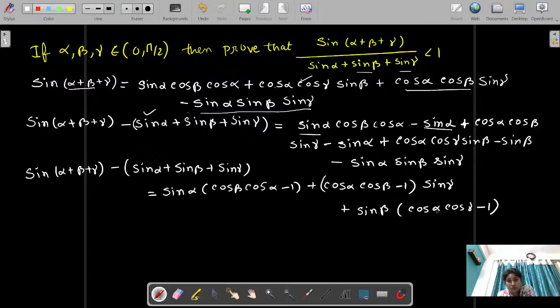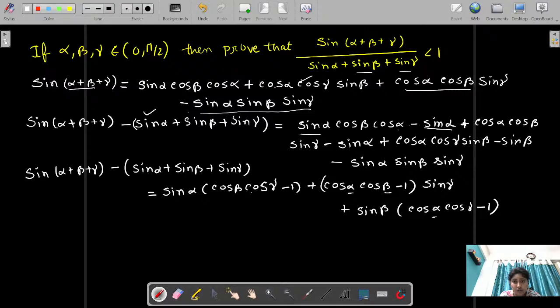So cos alpha cos beta minus 1: this is alpha beta, this is alpha gamma. So what is missing? Beta gamma is missing, right? So this one will be my gamma. This will be cos gamma.